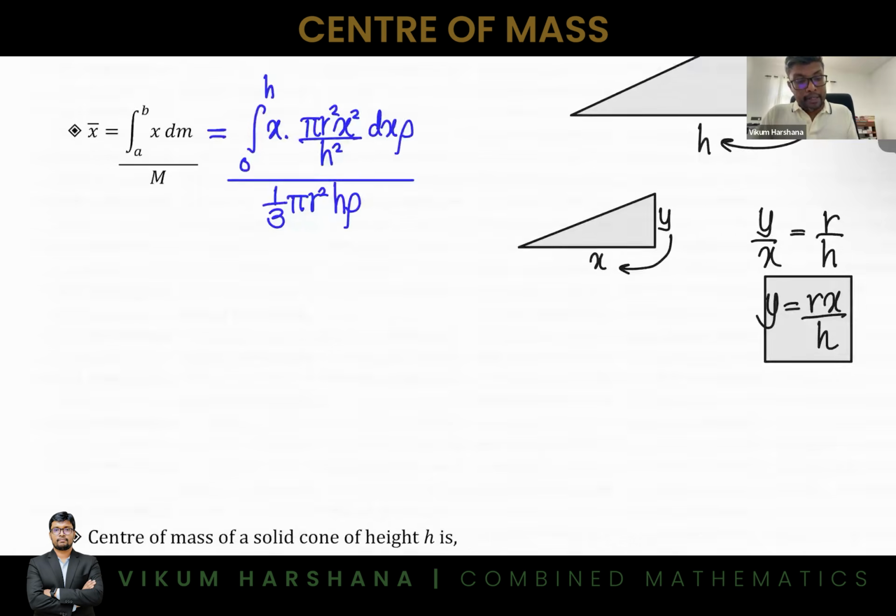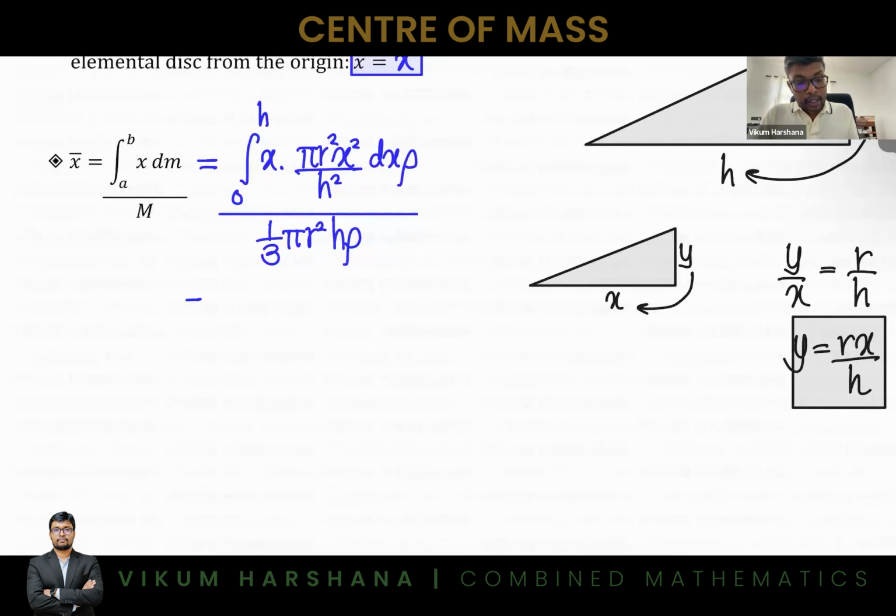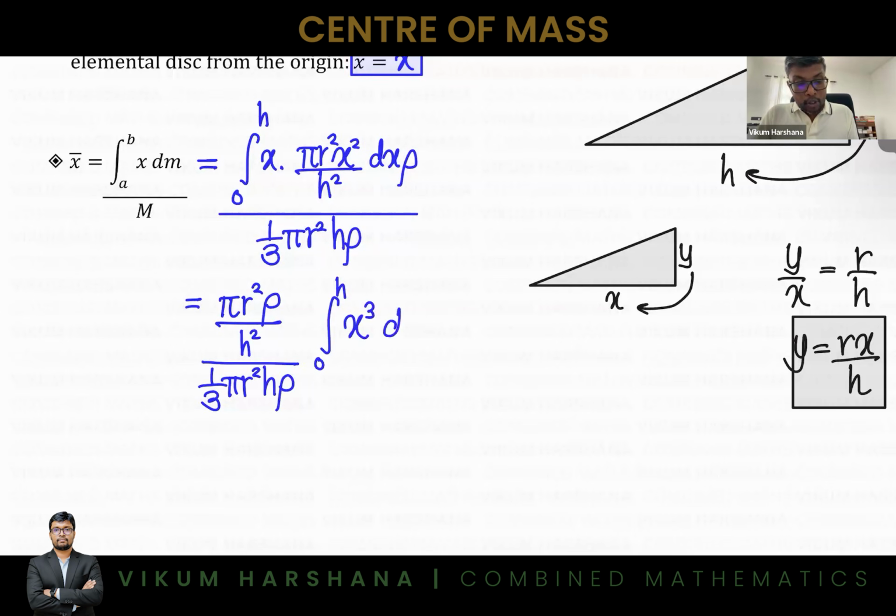Okay, done. Now let's take all the constants out. Pi is a constant, r squared is a constant, rho is a constant, and h squared is a constant. Then divided by 1/3 pi r squared h rho. The integration part is 0 to h of x cube, just x cube dx.